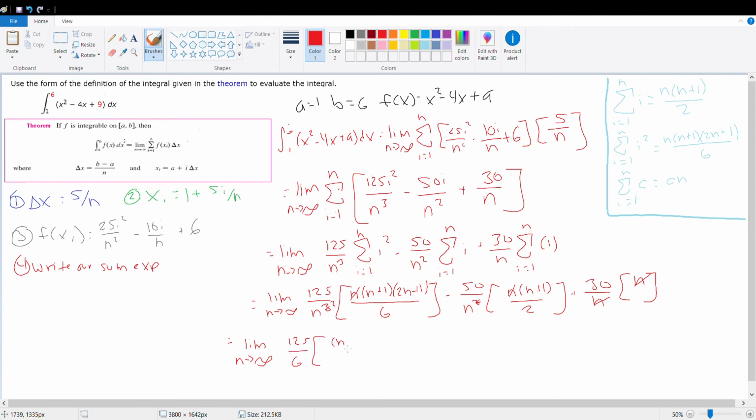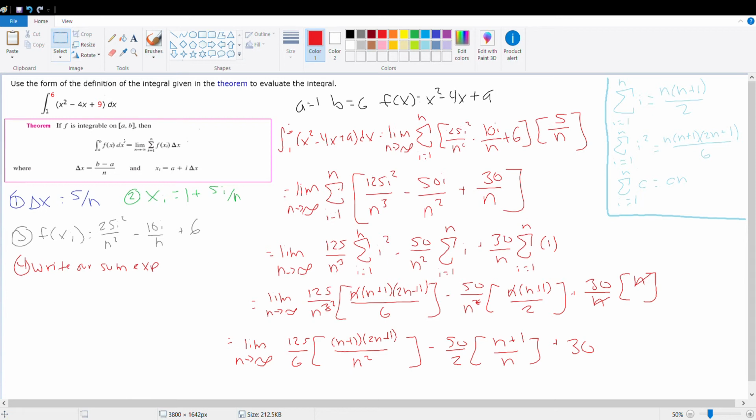So we have n plus 1 left over and 2n plus 1 as well, and the n squared can be brought under there. Okay? And the 50 over 2, that's like a 25. The 25 times n plus 1 over n, and of course the n's were canceled and we have 30 left over at the very end there.